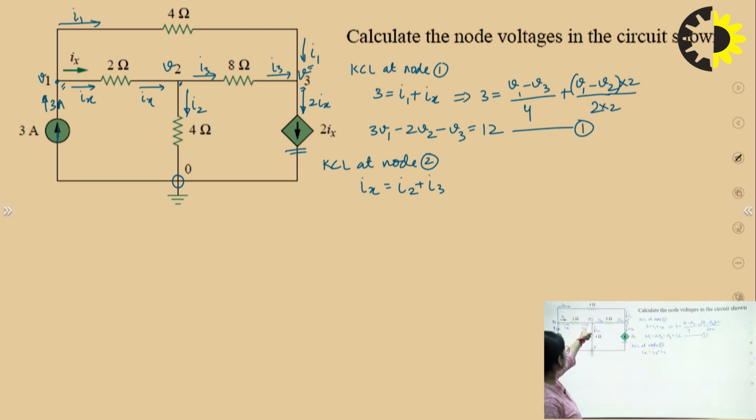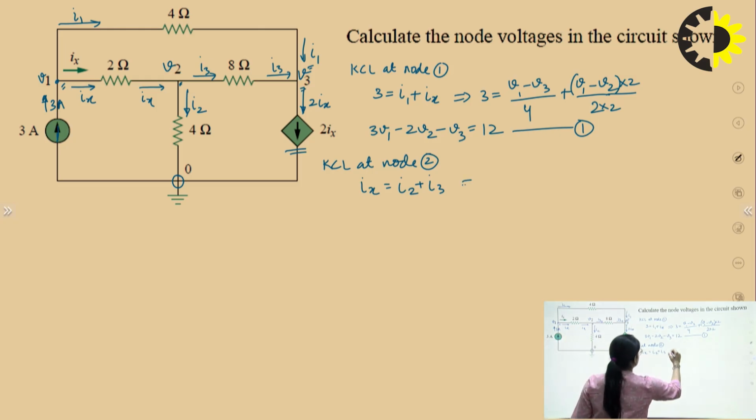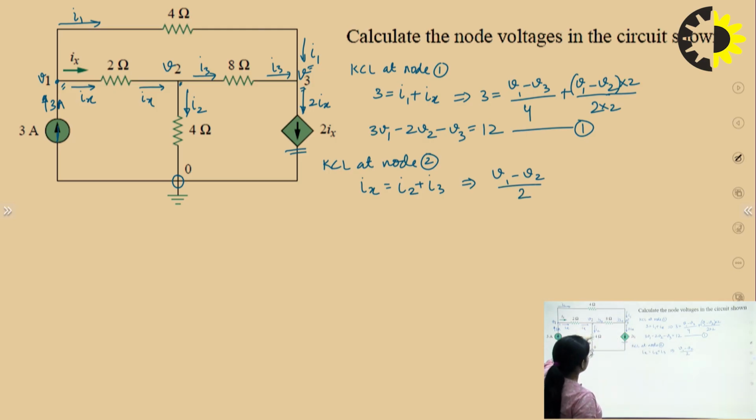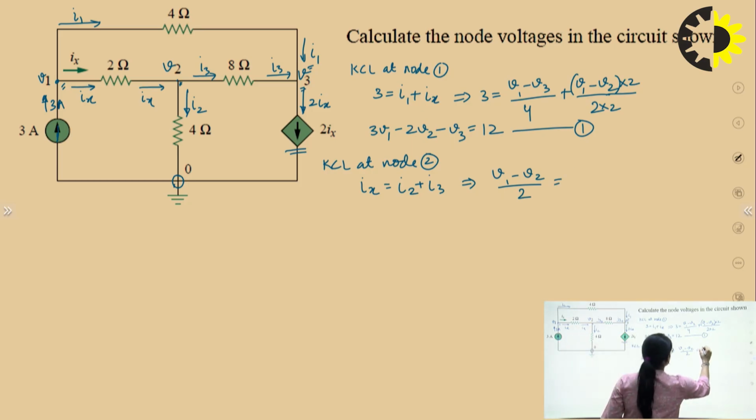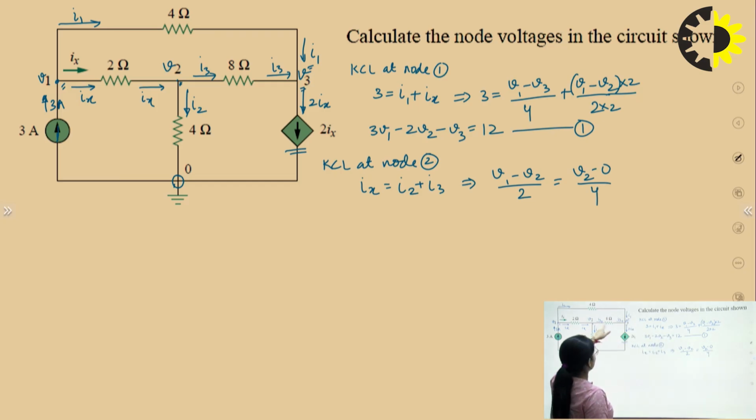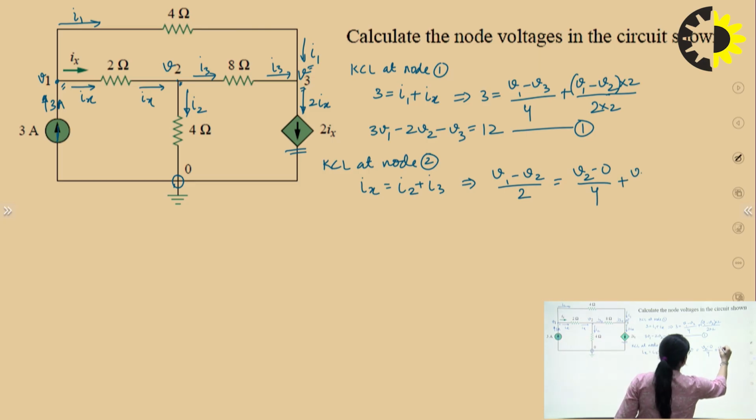The value of Ix is (V1 minus V2)/2, which is equal to I2, which will be (V2 minus 0)/4, plus I3, which is (V2 minus V3)/8 plus (V2 minus V3)/8.